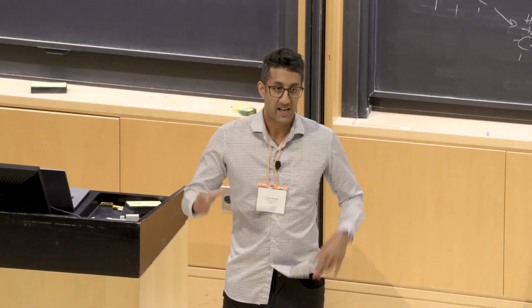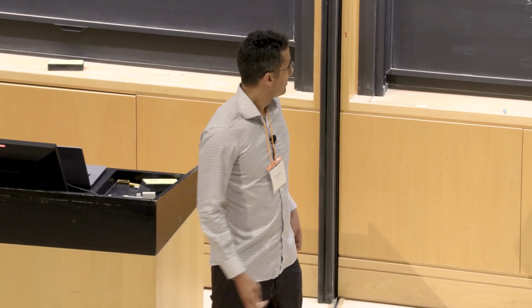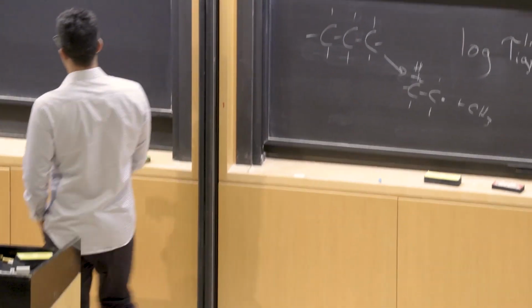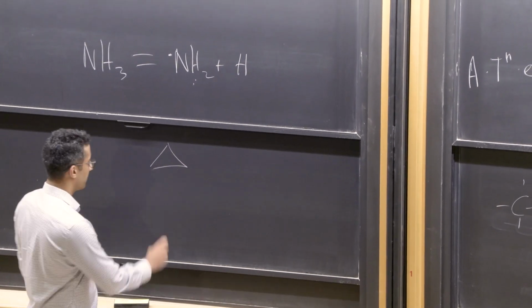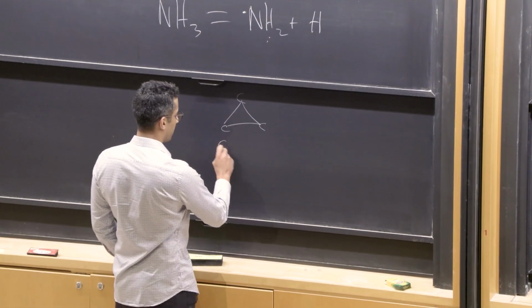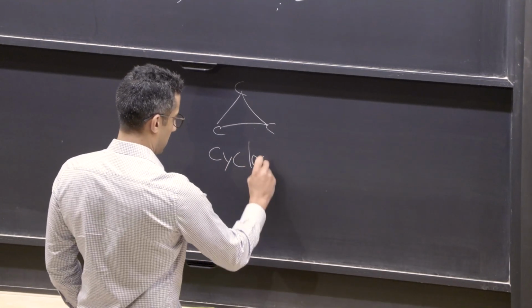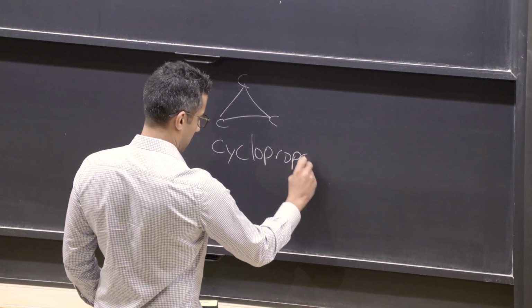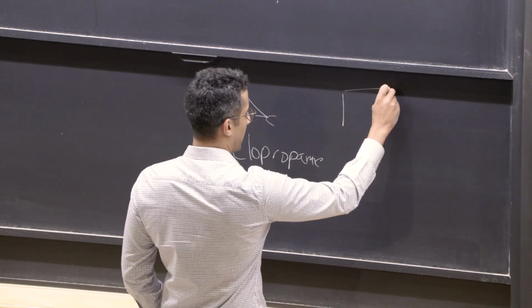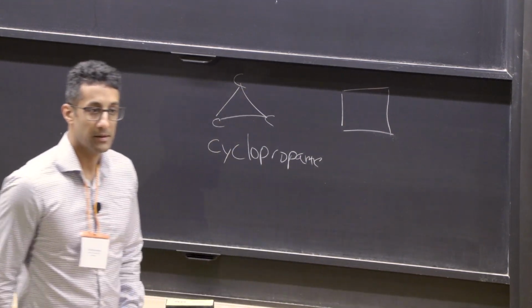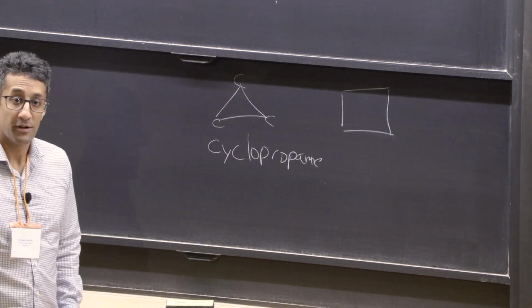If you look at cyclic hydrocarbons, you can have cyclopropane. It's a triangle, right? This is carbon, carbon, carbon, cyclopropane. Cyclobutane is a square. Yeah? Then what's the next one?